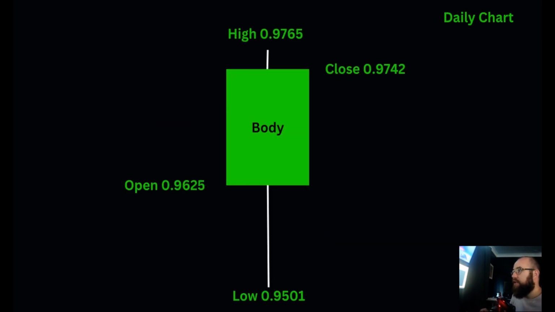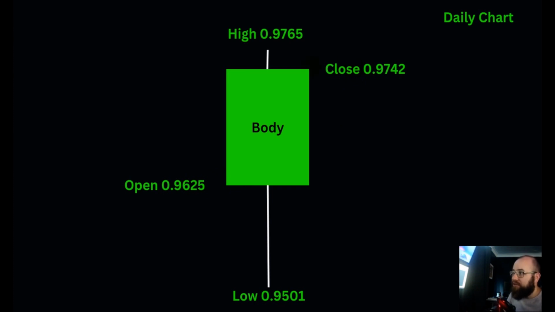This is a daily chart. So what does that mean? That means each candle represents a whole day of price action, price behavior, price movement. We open at 96.25. We close at 97.42. That forms the candle body. It would have opened at the beginning of the day and closed at the end of the day.